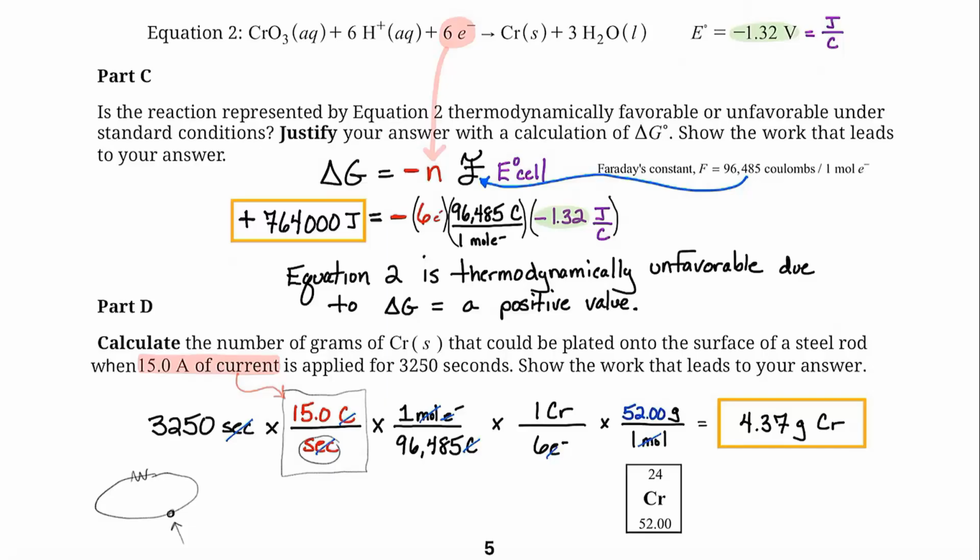What's important here is they gave me the current. The current is 15 amps, and we should know that means 15 coulombs per second. That's the most important thing. And if you use your dimensional analysis, because they gave me the total time that this circuit ran to produce a certain amount of chromium, I can get rid of my seconds here and get total coulombs.